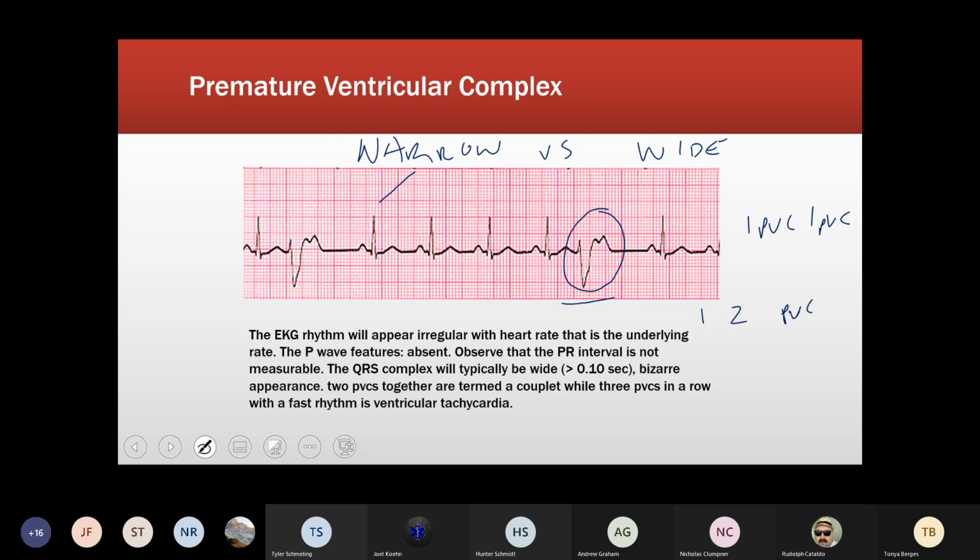Now, the problem is if our patient consistently throws PVCs, that's a really good indicator that our patient could potentially be trending toward cardiac arrest. Most likely due to an issue within the heart or an electrolyte issue. Remember, what are our two big electrolytes that have to do with our heart functioning when it comes to electrical discharge?